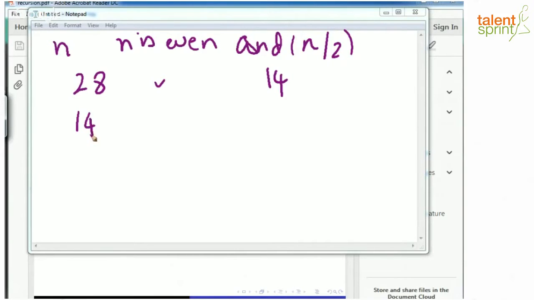So when is 14 a power of 2? If 14 is even and 14 by 2 is a power of 2. Is 7 a power of 2? We don't know, but we continue with the same approach. Is 7 even? No. So obviously 7 is not a power of 2. So 14 is not a power of 2. So 28 is not a power of 2. Simple.